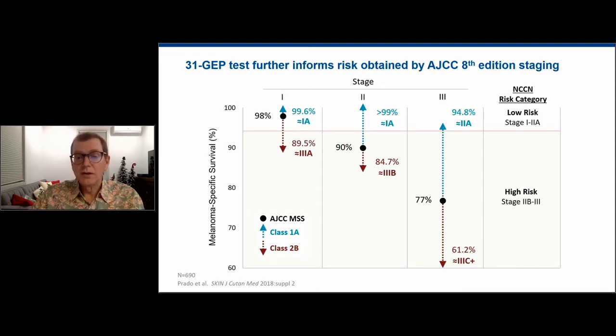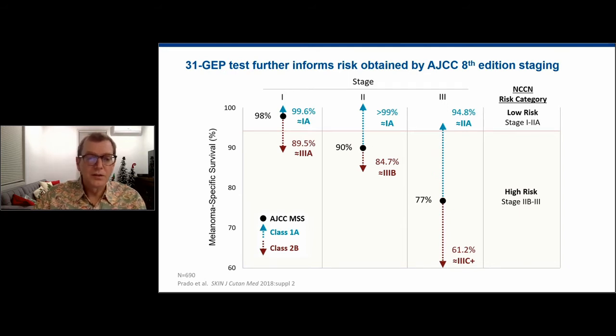Interestingly, and more of a discussion for our medical oncology colleagues, we do know that there are subsets of stage 3 patients that do quite well. Who are they? Well, it's the class 1A patients. Their melanoma-specific survival also crosses the line from high risk all the way up to low risk. Their melanoma-specific survival is 94.8%, and that is consistent with what a stage 2A patient has, which is what NCCN classifies as low risk.